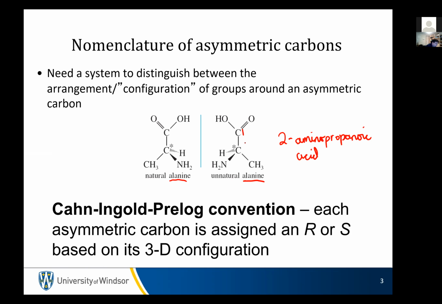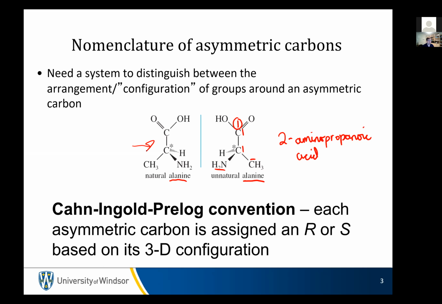Carbon 1 is the carboxylic acid, because you always start at the most oxidized end, and carbon 3 is the other end. There's an amine on carbon 2. This molecule over here is also 2-amino-propanoic acid.